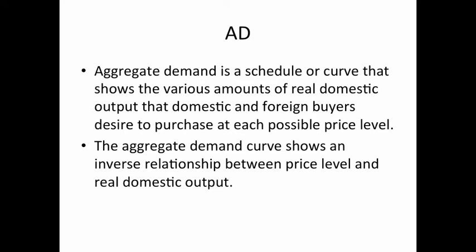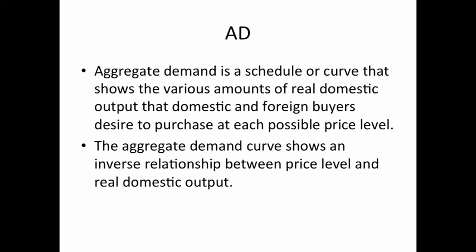So the aggregate demand curve, as we've now derived it, is the schedule or a curve. So graphically, we'll call it a curve, that shows the different levels of real GDP that domestic and foreign buyers desire to purchase at different possible price levels. So it shows us this relationship between the price level in the US economy and the level of real GDP.